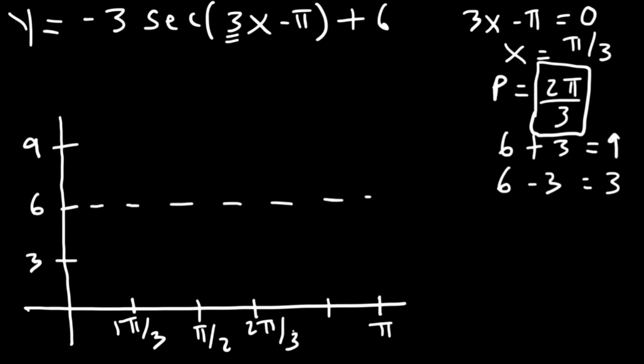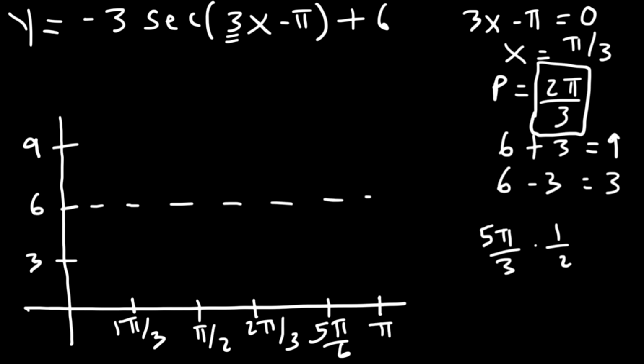Now between 2 pi over 3 and pi, what is this value here? So first, let's add 2 pi over 3 plus pi. 2 pi over 3 plus 3 pi over 3, which is pi, that's 5 pi over 3. Next, divide 5 pi over 3 by 2. To divide by 2, multiply by a half. So this is 5 pi over 6.